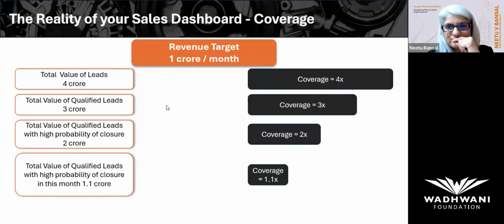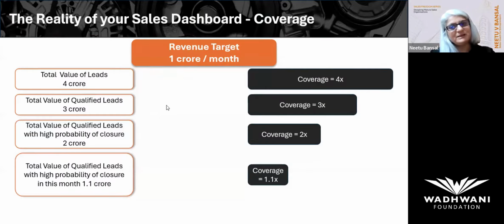What happened to your coverage? It's become 1.1x. What looked like a 4x coverage, if you go into detailing, you will realize is only 1.1x. That means I have 1 crore of target to achieve, but my total pipeline is 1.1 itself.